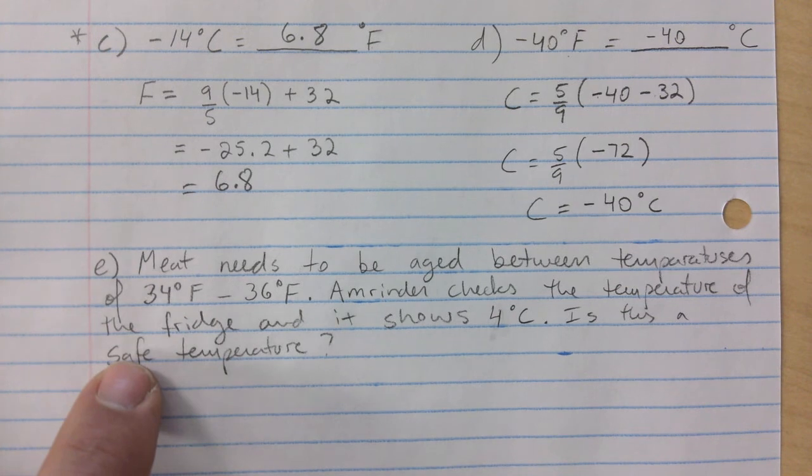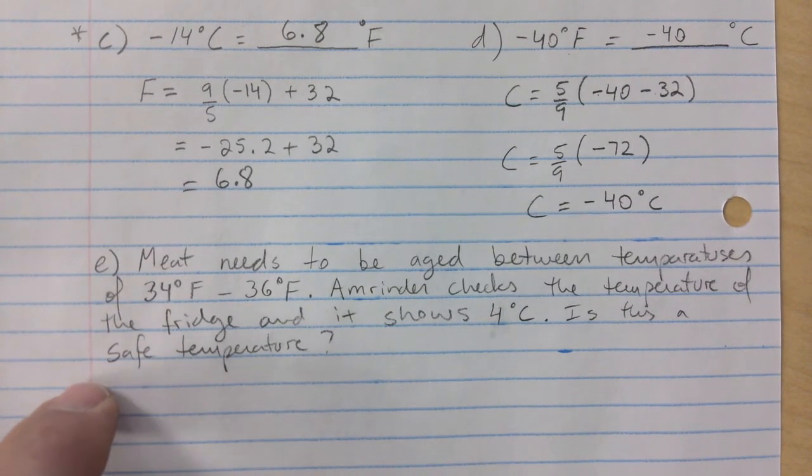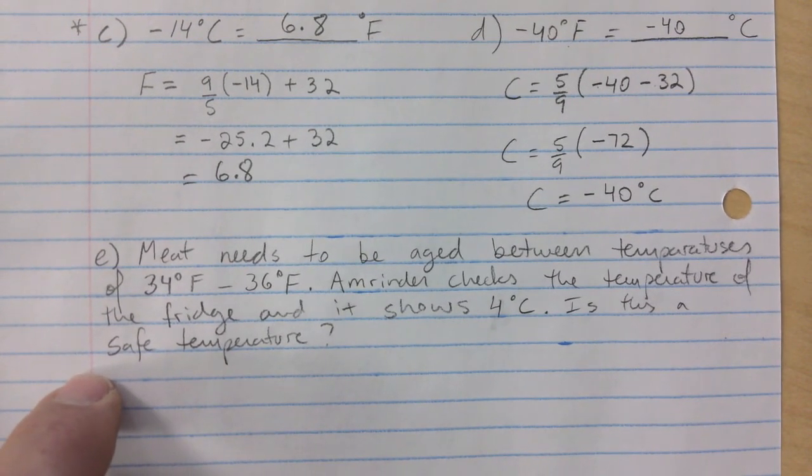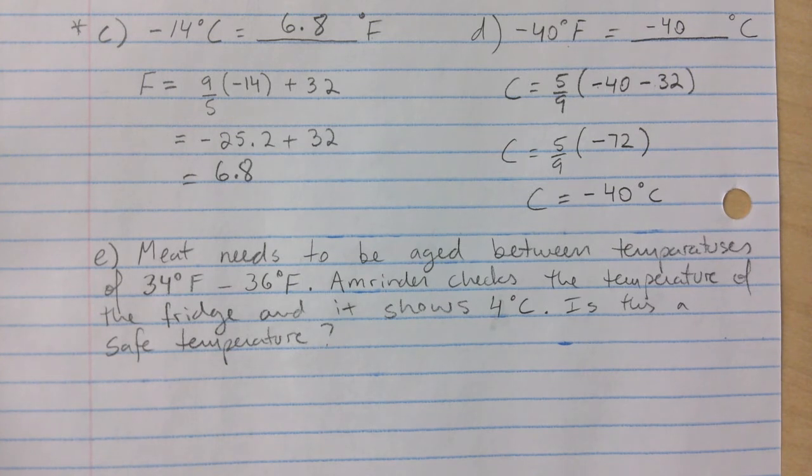one more word problem here, because you need to answer, not just convert here. Okay, so write down that word problem. Meat needs to be aged. So a lot of the steaks or whatever, you age it, it hangs in a fridge at a controlled temperature.